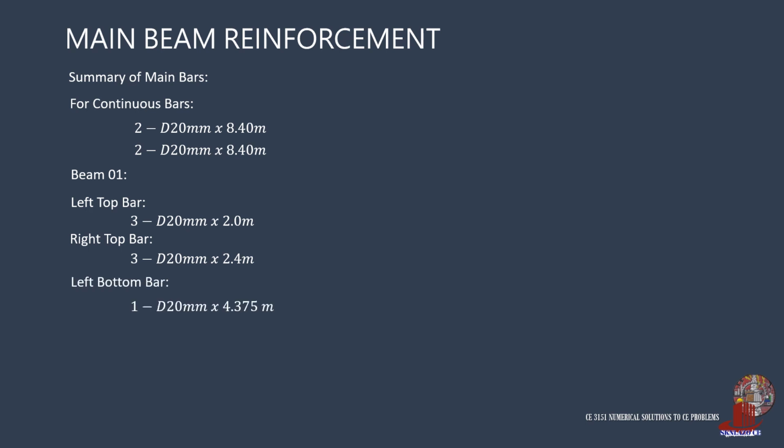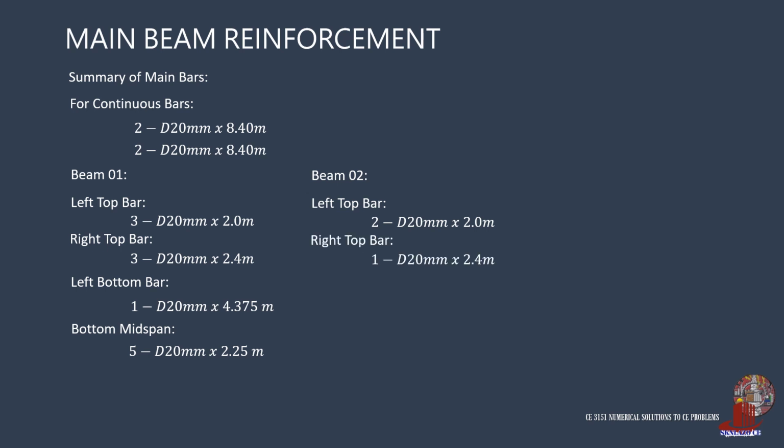The left bottom bar is 1 D20 by 4.375 meters. And the bottom midspan is 5 D20 by 2.25 meters. For beam 2, the left top bar is 2 D20 by 2 meters, with the right top bar as 1 D20 by 2.4 meters. The bottom midspan is 4 D20 by 2.25 meters.